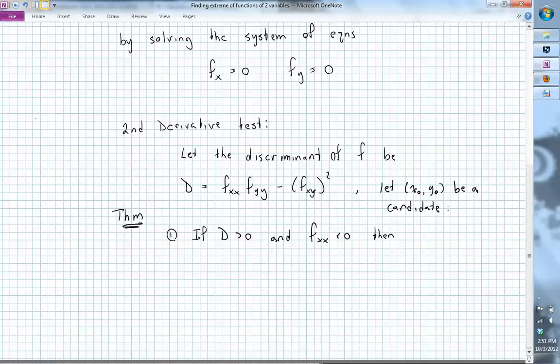So if D is greater than 0 and fxx is less than 0, then the candidate is a local max. 2. If D is greater than 0, again, and fxx is greater than 0 as well, then x naught, y naught is a local min.